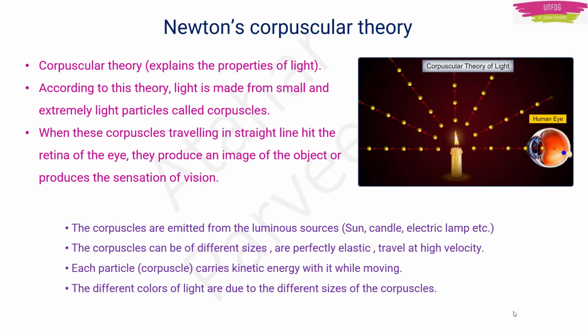See how smart Newton was, right? During his time, nothing was there. Literally, he was in the olden days, right? The olden age. Then only he told that the corpuscles carry kinetic energy when they are moving. Great. Then he told that the different colors of light are due to different sizes of the corpuscles.